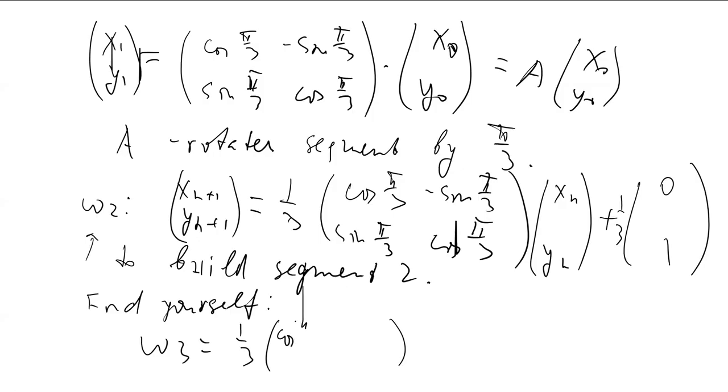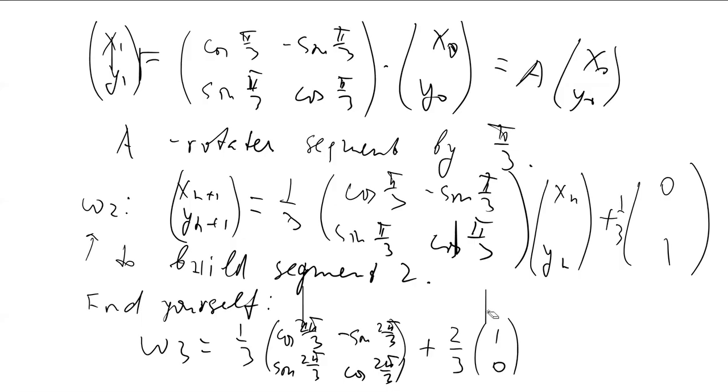Therefore here will be cosine 2 pi over 3, minus sine 2 pi over 3, sine 2 pi over 3, cosine 2 pi over 3. And now the shift, 1, 0, and I would suggest you check why this is.